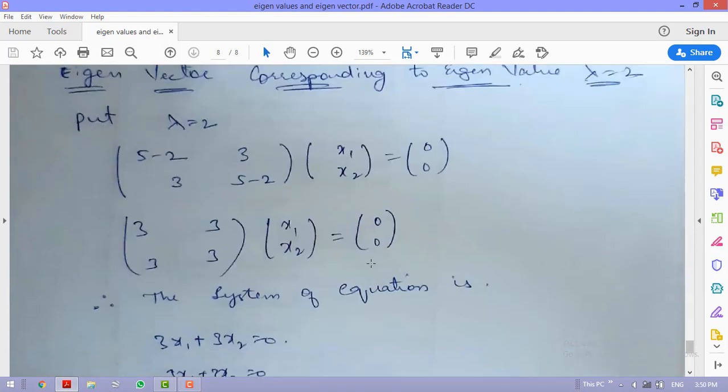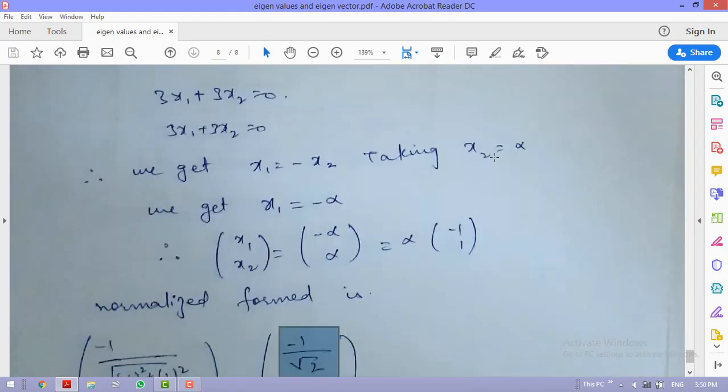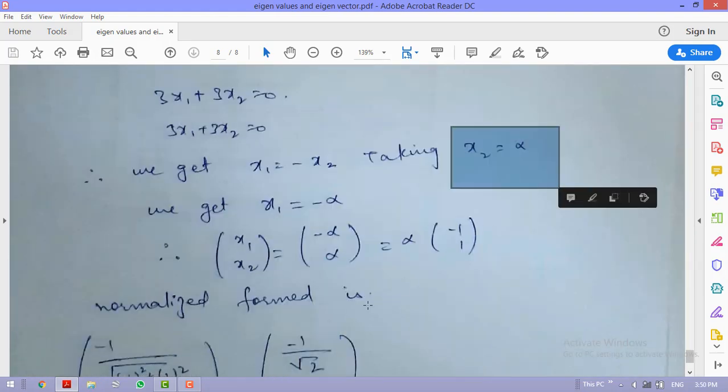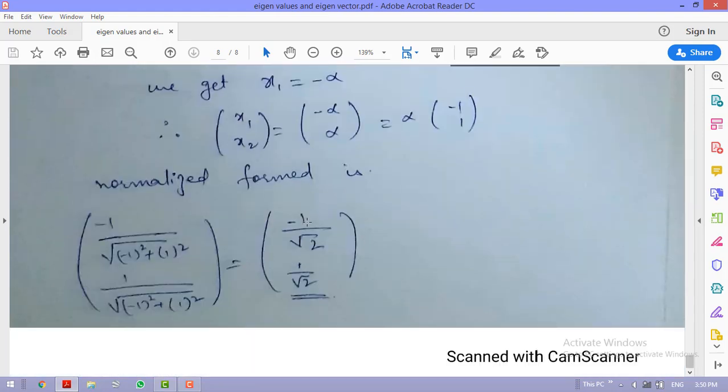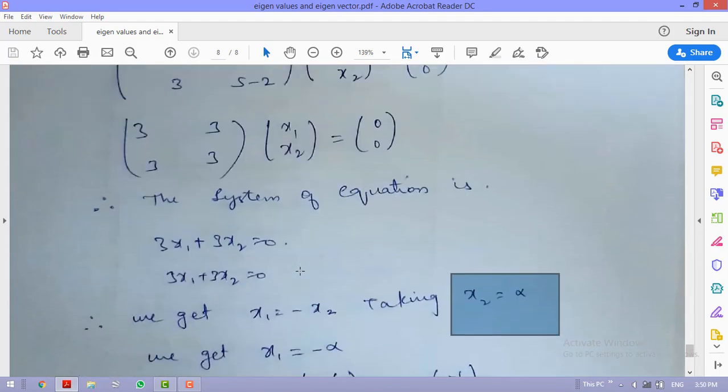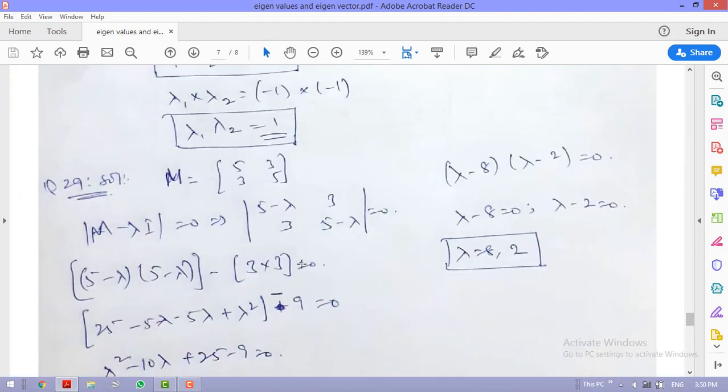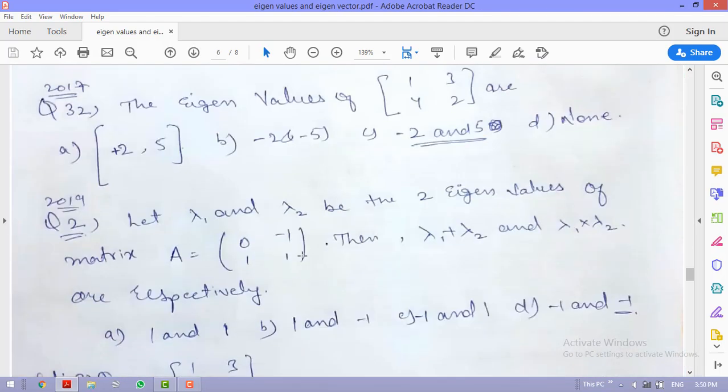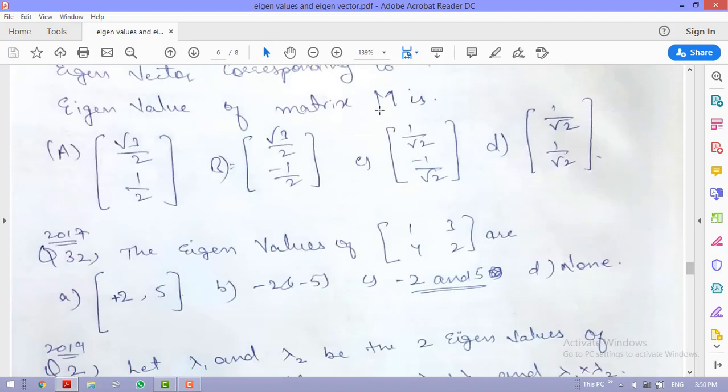No need to worry, because I took x2 equal to alpha, and because of that I got minus 1 by root 2. If I had taken x1 equal to alpha, then I would have got 1 by root 2, minus 1 by root 2. So if you take x1 as alpha, you will get the exact answer as 1 by root 2, minus 1 by root 2.